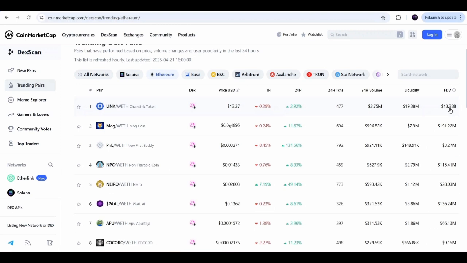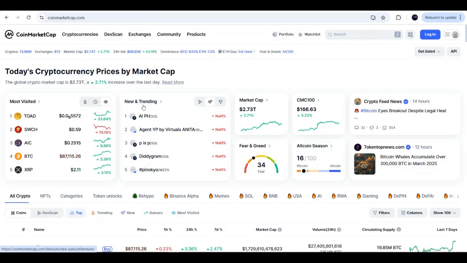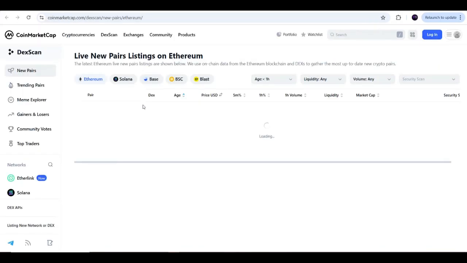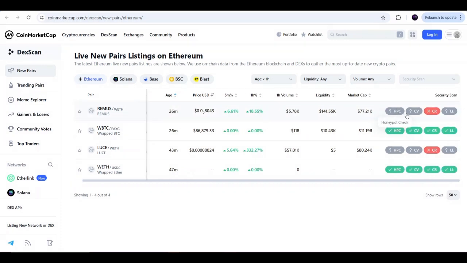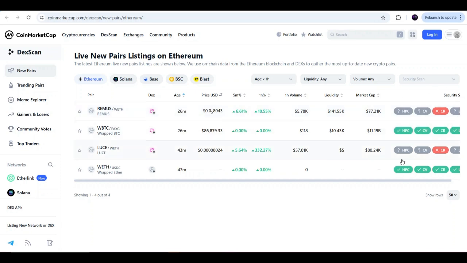It's so easy. And you see this flower-looking icon? You're gonna click on that, and it shows live new pairs listing on Ethereum. Guys, it's a great place. You're gonna see the live new pairs that are listing on specific blockchains. You can choose Ethereum and it shows you Ethereum. It's so great that you can see the new listing pairs.